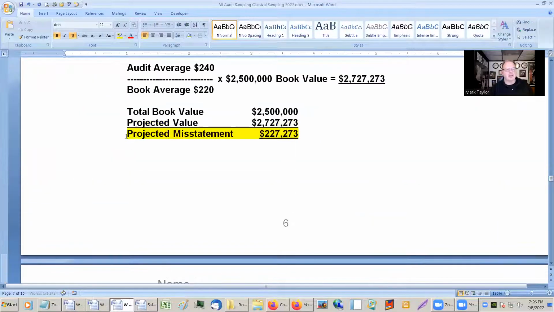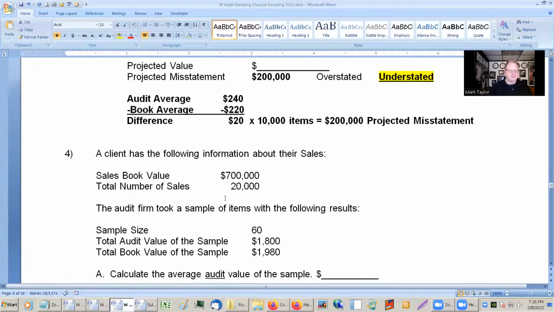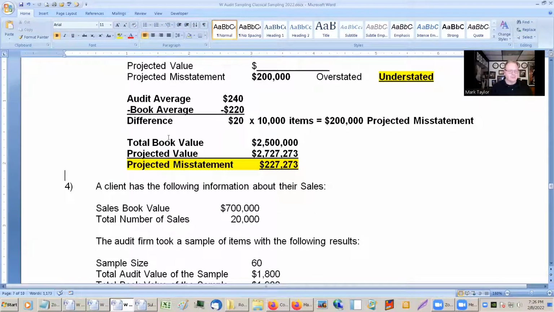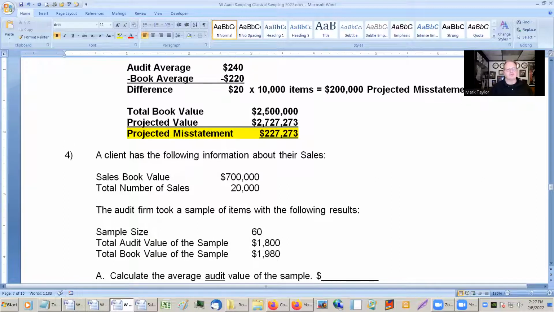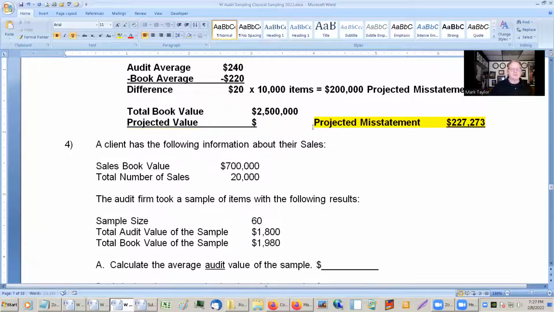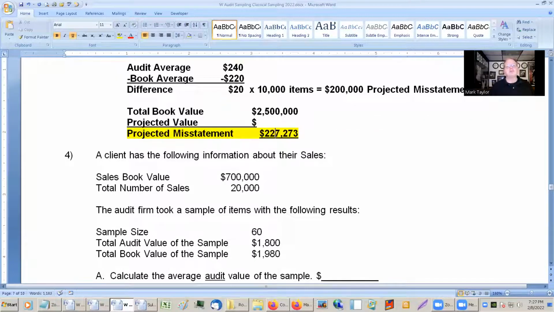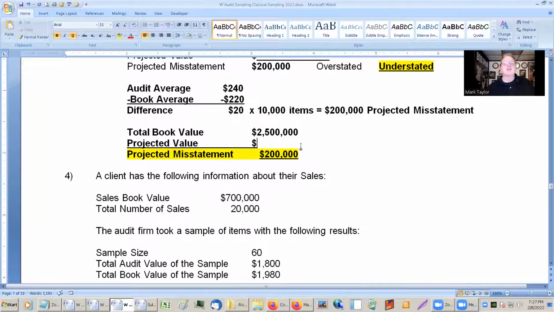Yeah, so when you come down to this thing though, notice we got to back into the projected value. So we're saying that it's misstated by 200,000. This is an understatement. So what would the projected value be?